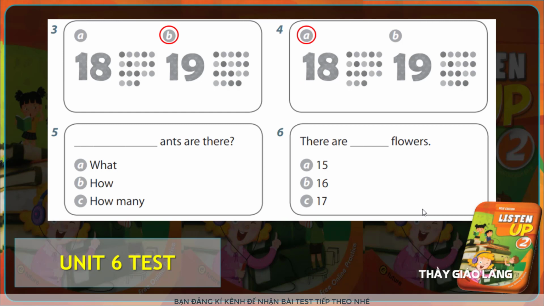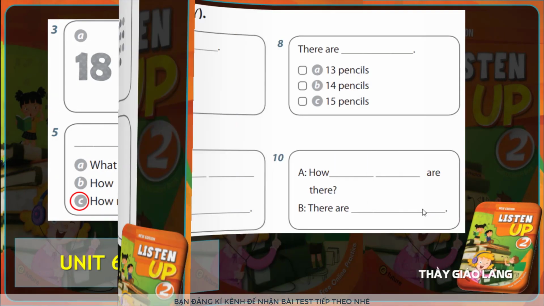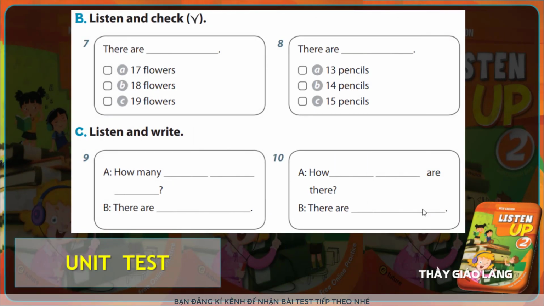5. How many ants are there? 6. Are there 17 flowers? No, there are 16 flowers. B. Listen and check. 7.